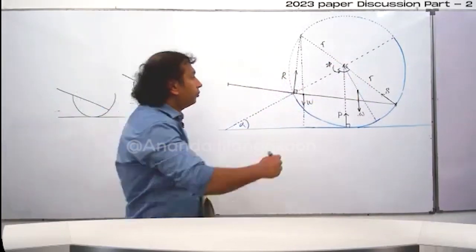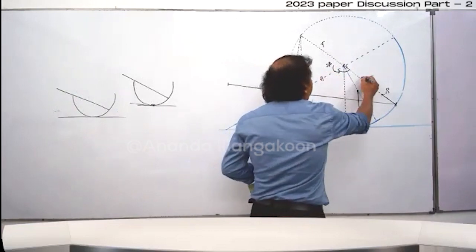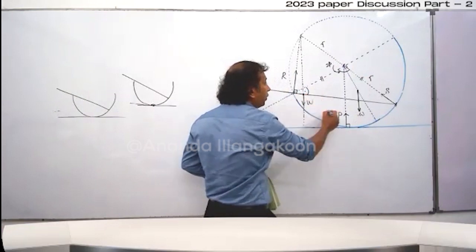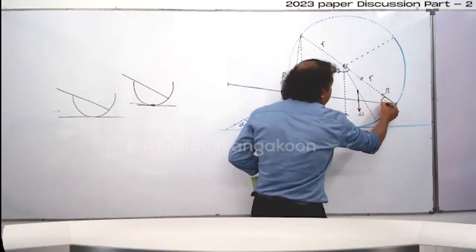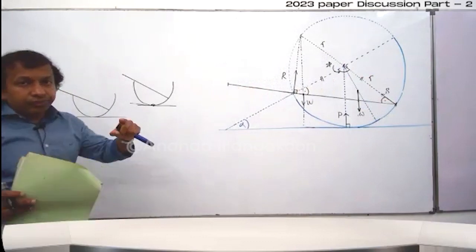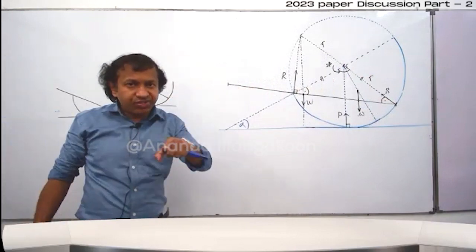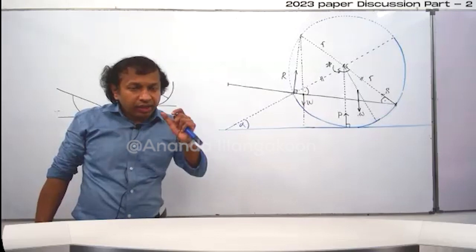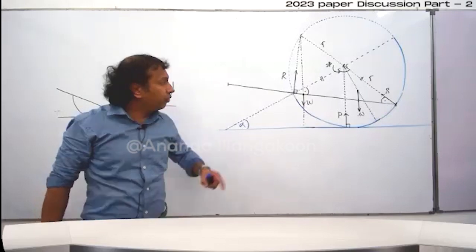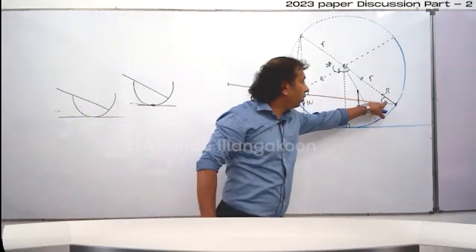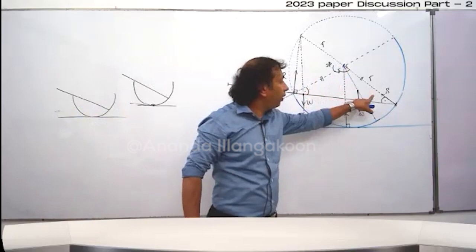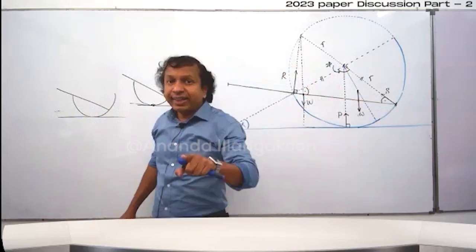And you know, this is a radius, this is also a radius. Therefore, this angle here should be equal to this angle here. We know in an isosceles triangle, the angles opposite to equal sides are also equal in size. Therefore, this angle and this angle are equal. But here is 2 beta. The sum of these 3 angles is 180.